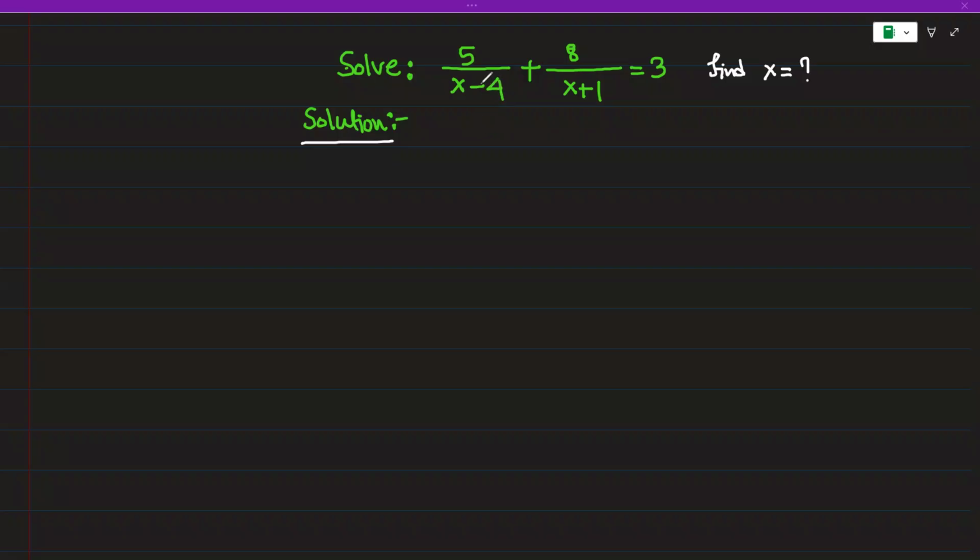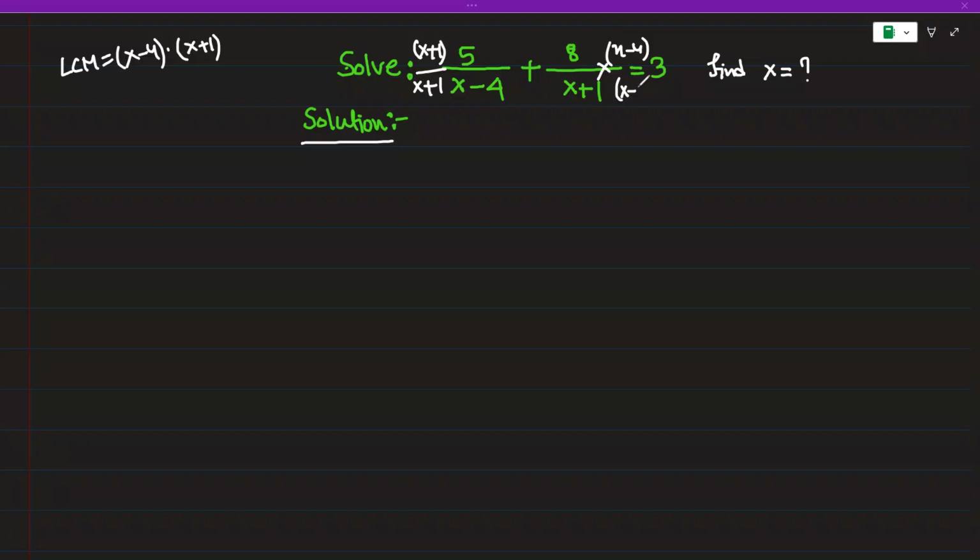We take the LCM of x minus 4 and x plus 1, which is x minus 4 times x plus 1. So we multiply the numerator and denominator of the first term by x plus 1, and the second term's numerator and denominator by x minus 4.